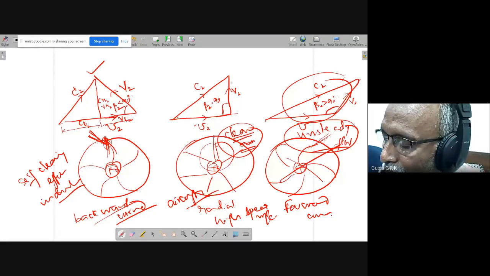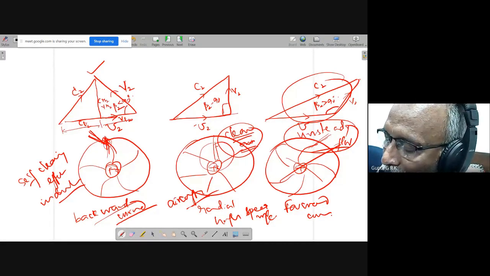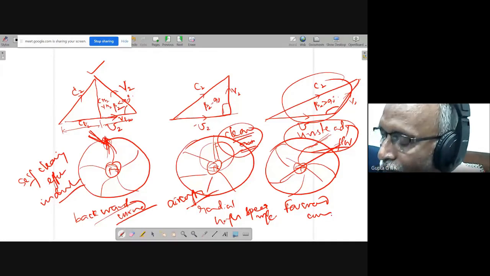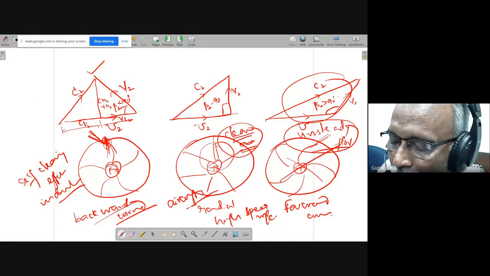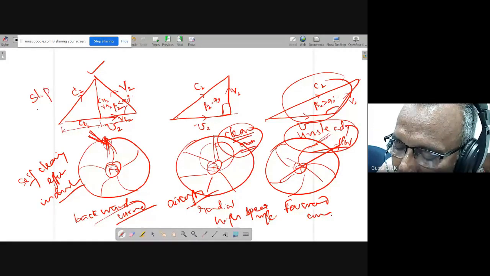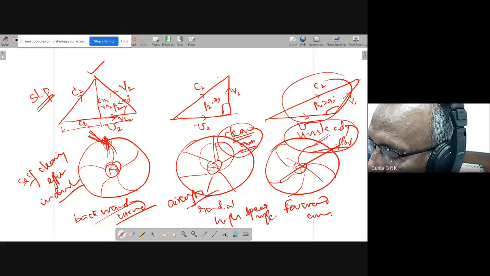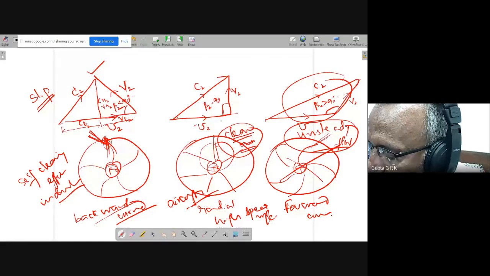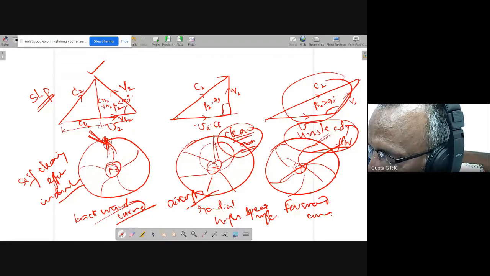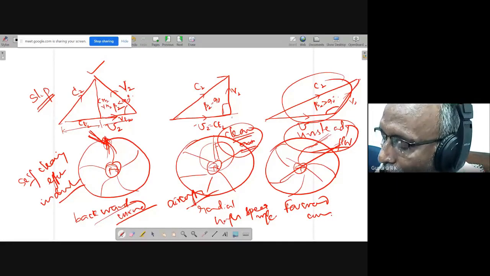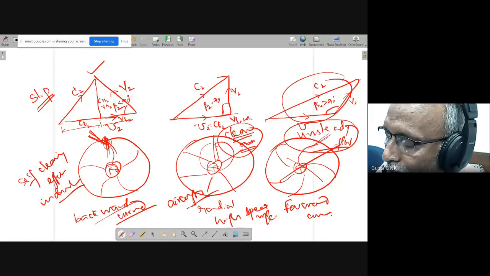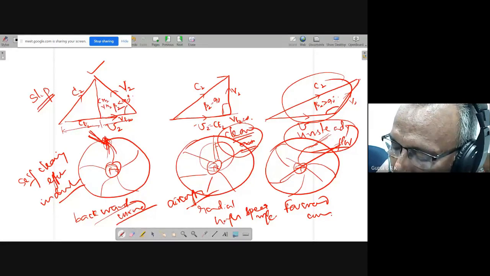But in aircraft turbines, though the shape is like this, because of the slip, I don't know whether you discussed it. Okay, I will not go into detail about the slip. Because of the slip, here U2 is equal to CT2 and VT2 is equal to 0. Here CT2 is less than U2.